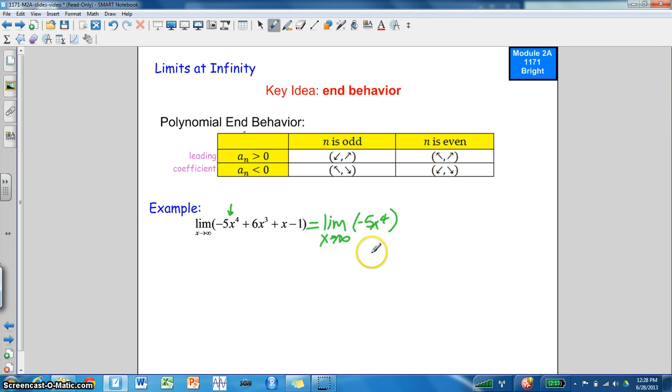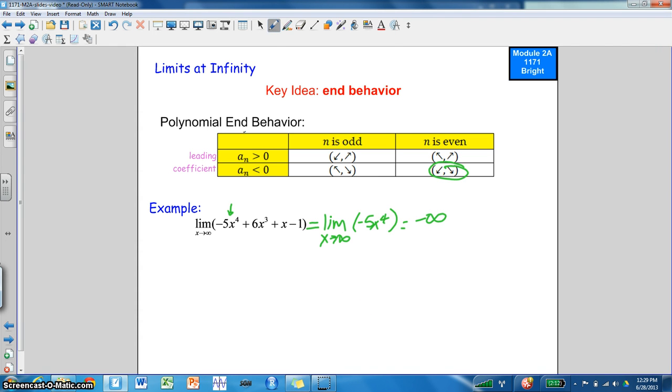I'll come back and make an important note in a minute, but let's finish this. The degree is even and the coefficient is negative, so that puts me in this case. As I approach infinity, going to the right, it decreases to minus infinity. So this is minus infinity.